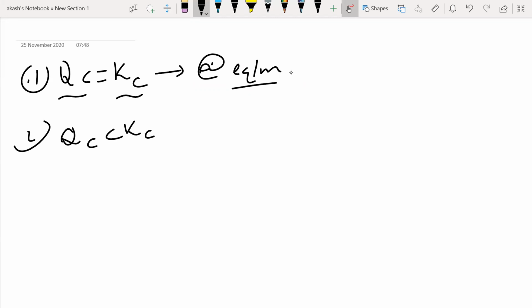QC is less than KC. Okay, now you don't have to mug up anything. We'll just try to logically understand this. Now please understand, for any reaction, either moving forward or moving backward or whatever it is, the end result it wants is to reach equilibrium. For any reaction for that matter. That means it wants to reach this particular condition, that means QC equal to KC.